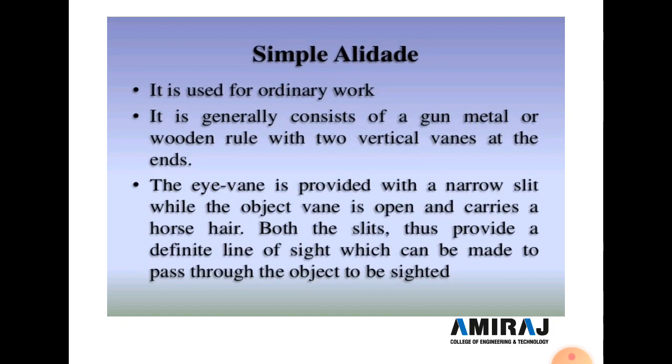A scale is generally used, and the material used to make the simple alidade is metal, gun metal. The eye vane is provided with a narrow slit, while the object vane is open and carries a horsehair. Both provide a definite line of sight, which can be made to pass from the object to be seen.